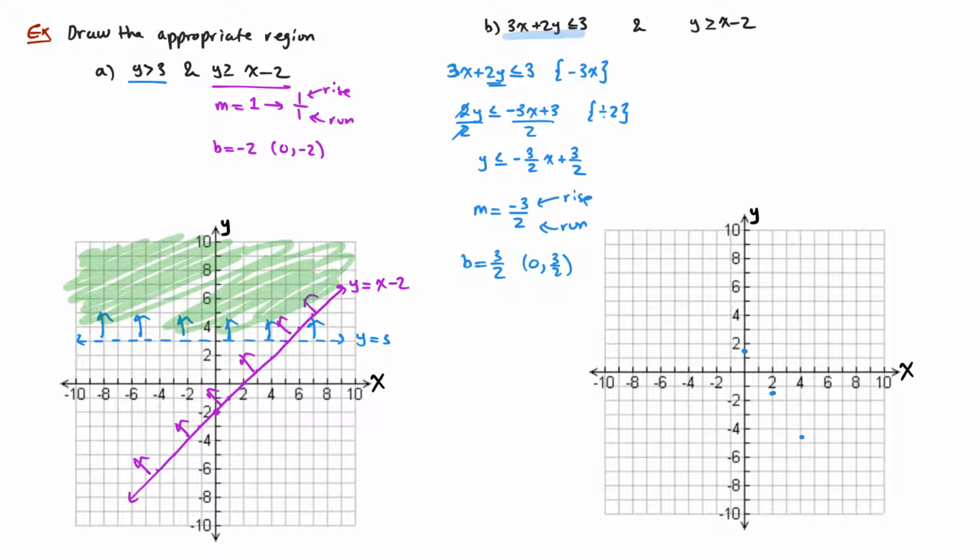1 is here, and 1 is here. And that's enough points to give me a good idea about how to draw it. And again, if you're using a ruler, it's a lot easier to do. So let's draw this one out. And it's actually equal to as well, so it's a solid line.